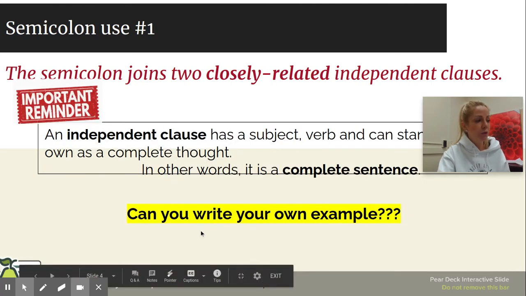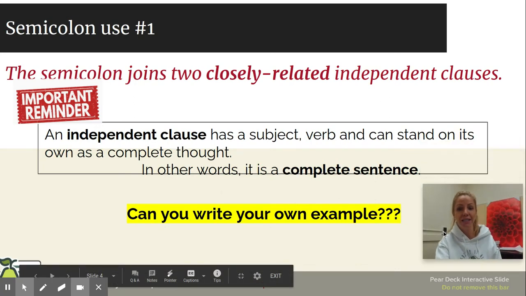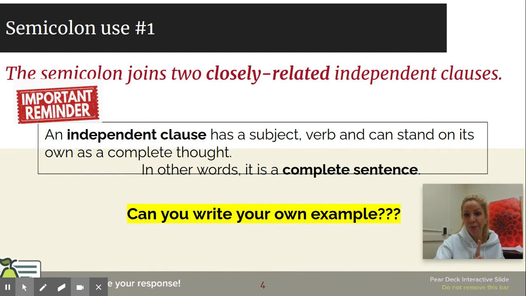So for your important reminder in the next column, an independent clause, if you'll remember from prior English classes, has both a subject and a predicate or a verb. Right? So think of that word independent. If someone is independent, they can stand on their own, right?